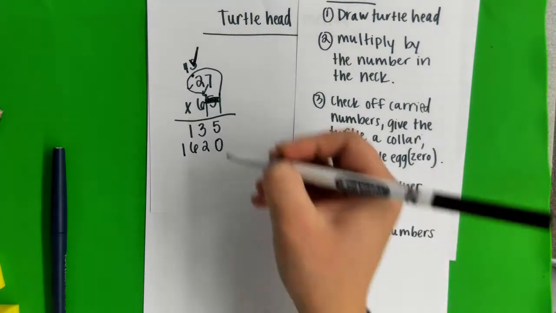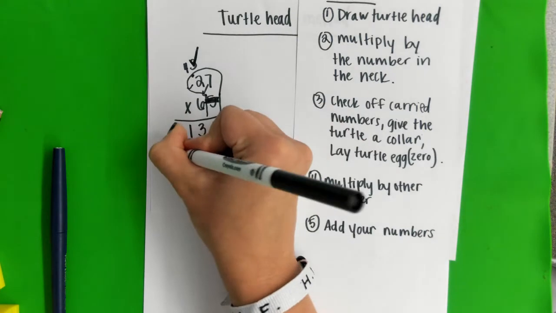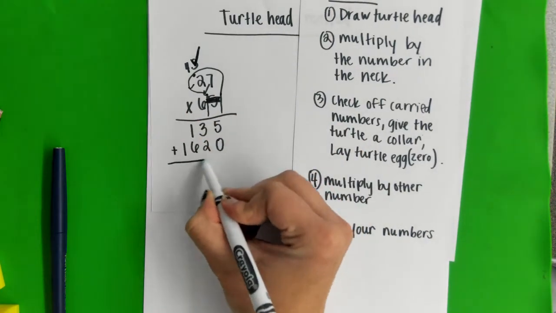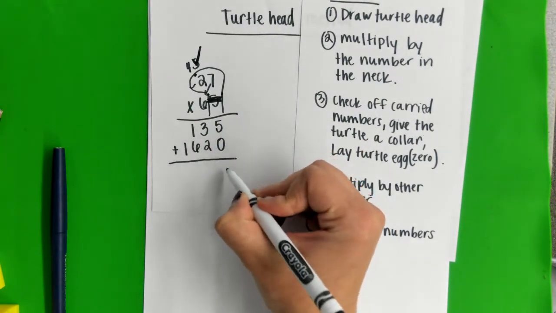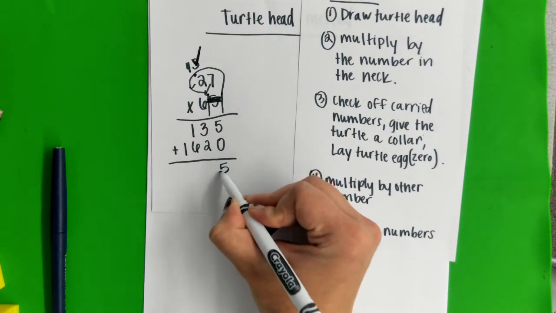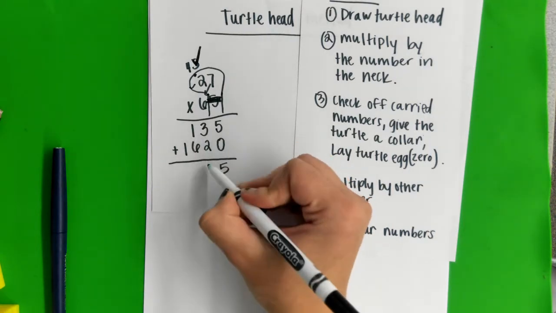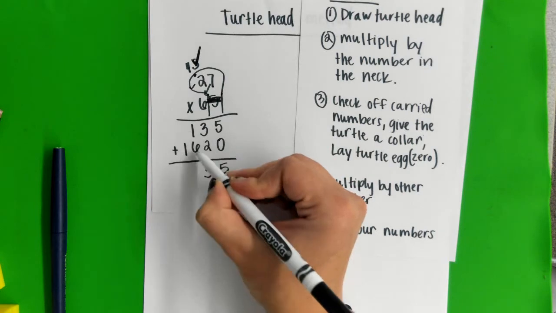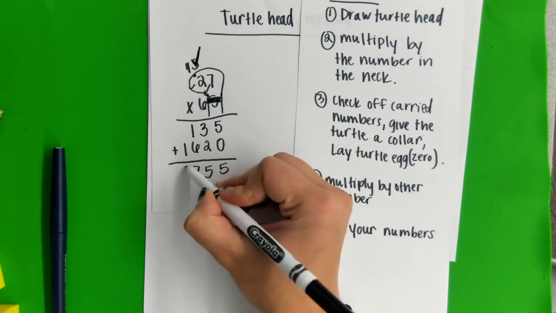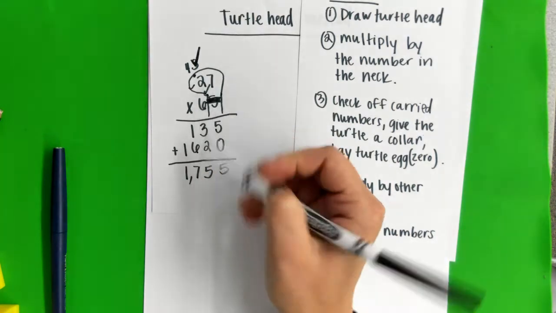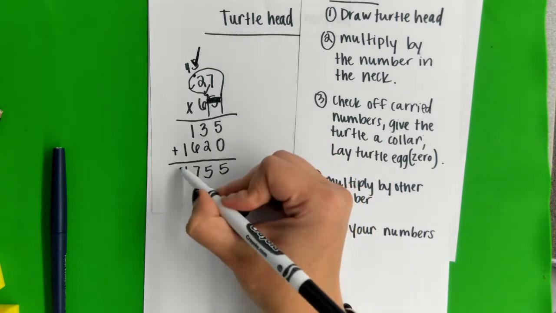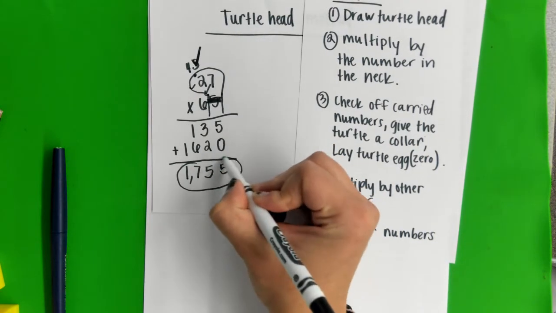Now we just have to add both of these numbers. 5 plus 0 is 5. 3 plus 2 is 5. 1 plus 6 is 7. And we drop our 1. So 27 times 65 is 1,755.